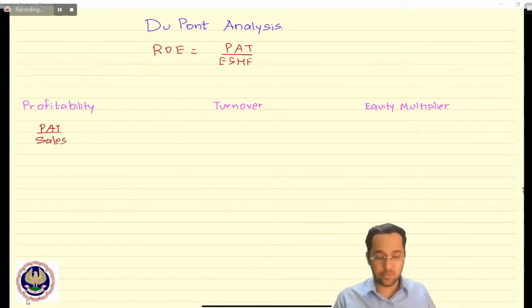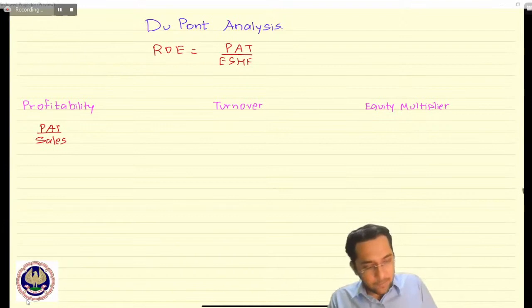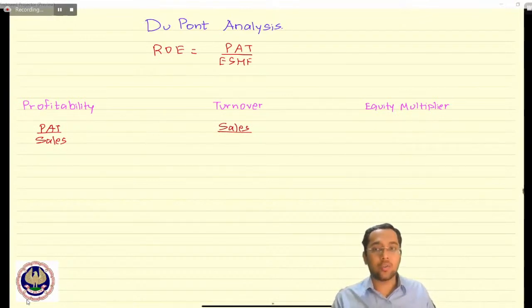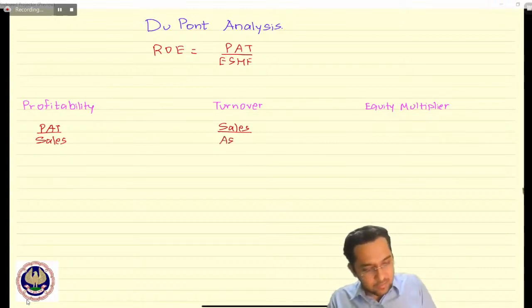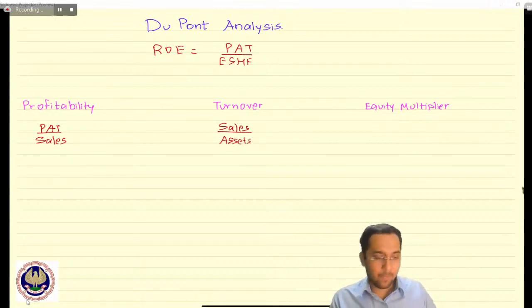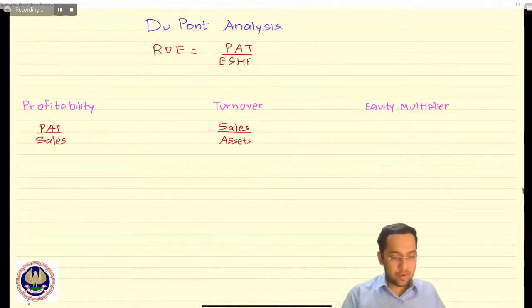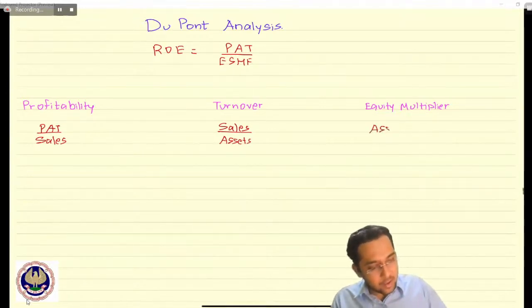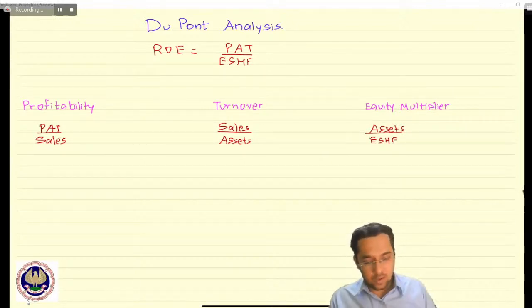The turnover is sales upon capital, or you can say assets. So let me just take it simply as assets. And equity multiplier is assets upon equity shareholders funds.